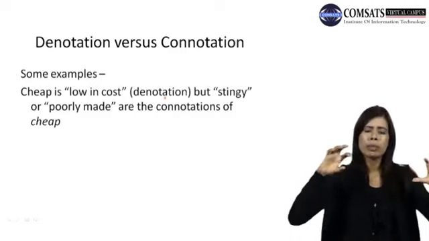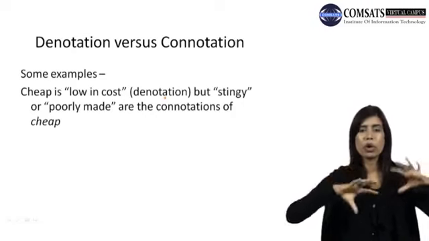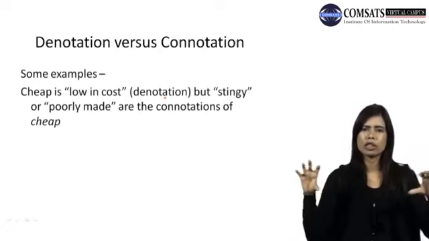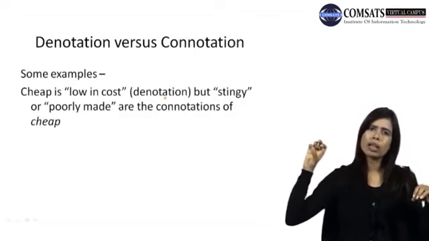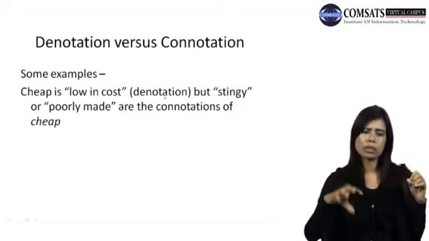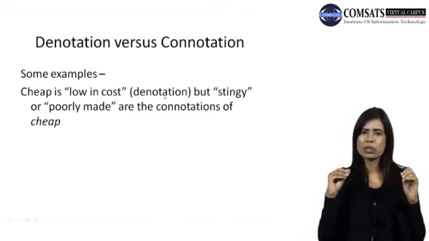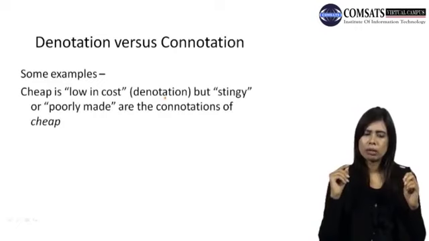When you say poorly made, that is the connotation of cheap, like the experiences or cultural things which are involved in any particular thing. The thing which is poorly made, that is cheap. So this is the connotative meaning of the word cheap. Previously that was the denotative meaning or the dictionary meaning.